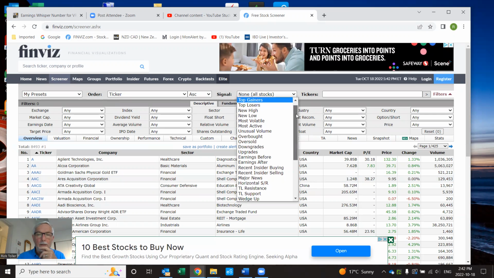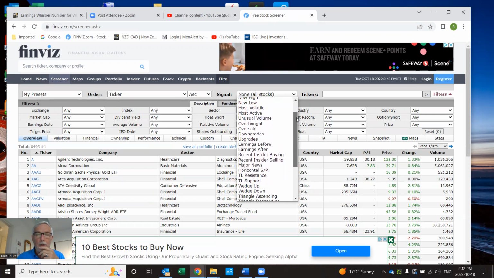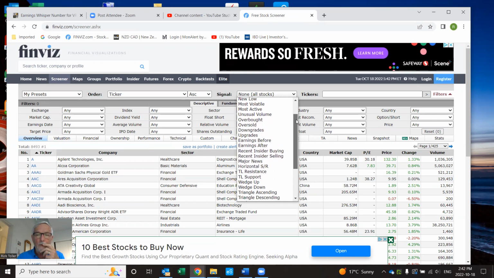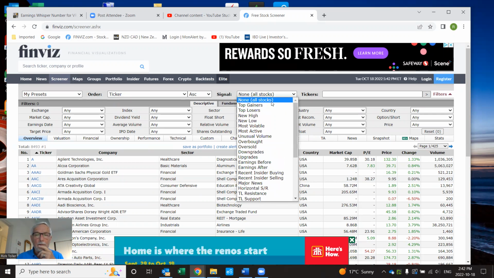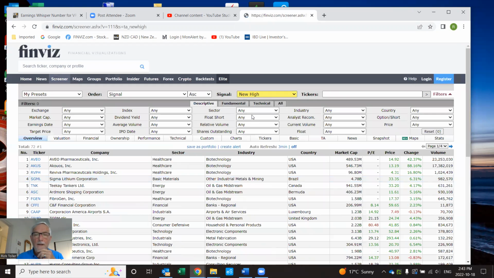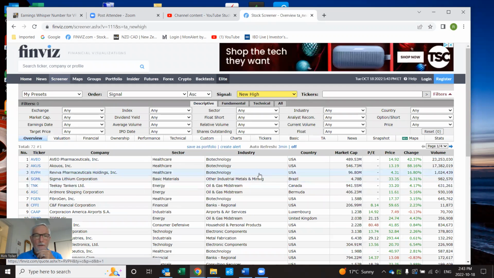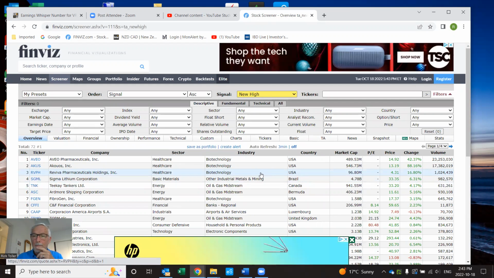So let's look, you can pick whatever you want: unusual volume, overbought, oversold, new highs for the year, wedge down, all sorts of different patterns and stuff. I'll just go to new highs. So there you have a list of all of the stocks that made new highs today.